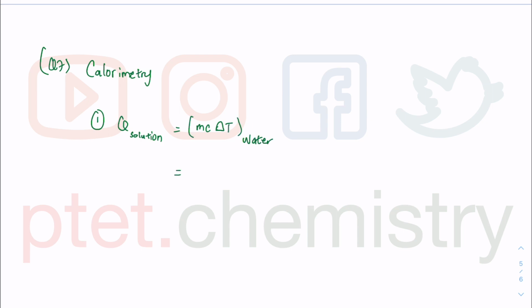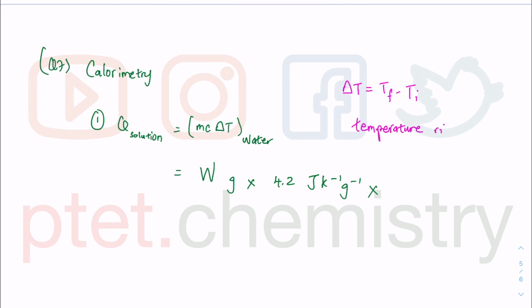Your mass of water is W gram, multiplied by the heat capacity of water, which is 4.2 joule per Kelvin per gram. And I want the delta T, temperature rise, which is TF minus TI. You are given in the question that the temperature rise is equal to y degrees Celsius. This is your delta T.